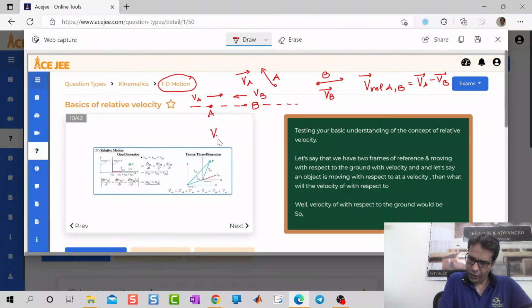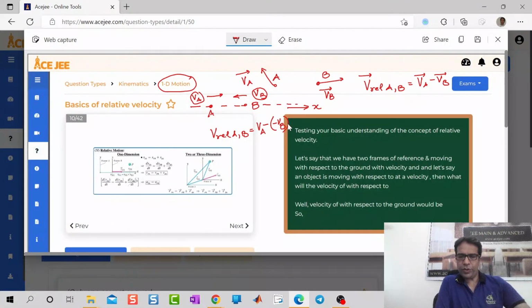Then the relative velocity of A with respect to B will be VA minus VB. Now, because VB is towards the left, if you assume that the positive x direction is towards the right, then assuming that VB is just the magnitude of the velocity, we'll write it as VA minus of minus VB, because VB is towards the minus x direction. So that will be our relative velocity. In other words, it will be VA plus VB.